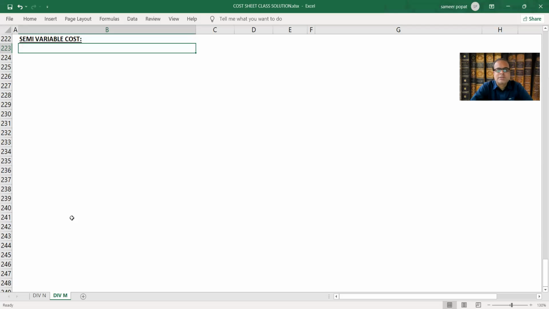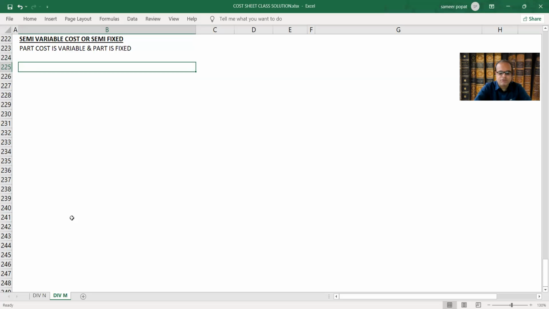So in that case, let us first understand what we mean by semi-variable or semi-fixed cost. Semi-variable or semi-fixed means part of the cost is variable and part of the cost is fixed. Okay, so that is a combination of fixed and variable cost.